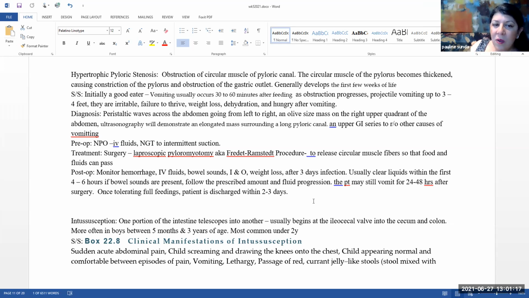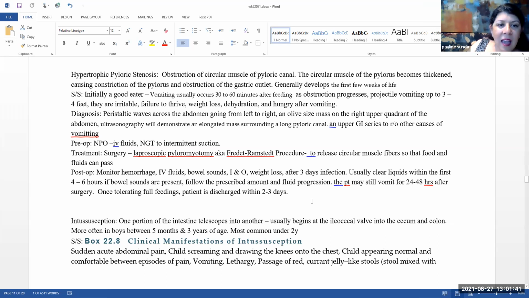Diagnosis: peristaltic waves across the abdomen going from left to right. They have an olive-sized mass in the right upper quadrant of the abdomen. An ultrasonography will demonstrate an elongated mass surrounding a long pyloric canal, and an upper GI series is done to rule out other causes of vomiting.